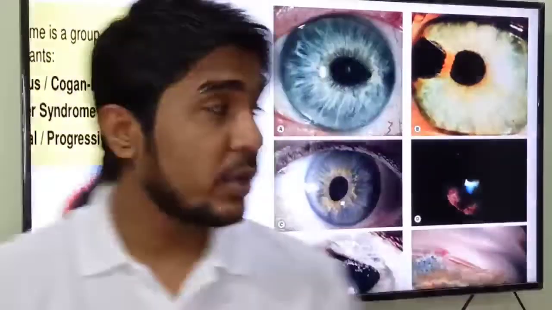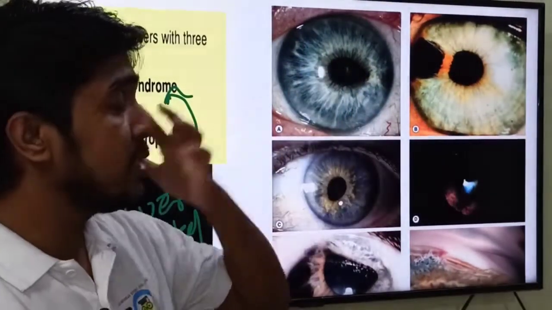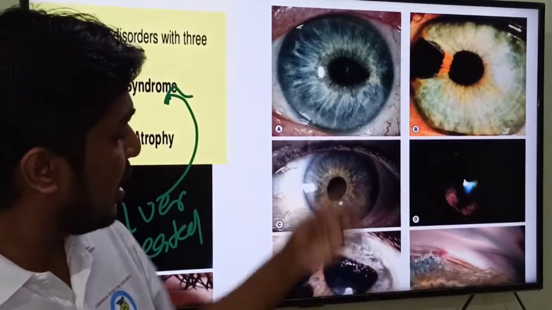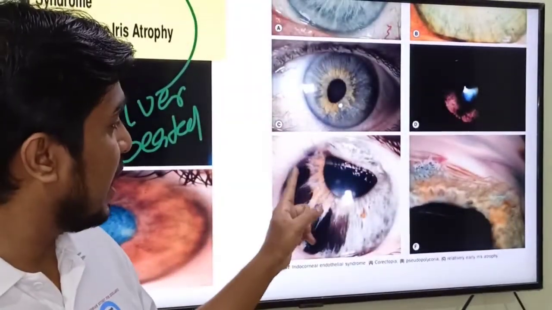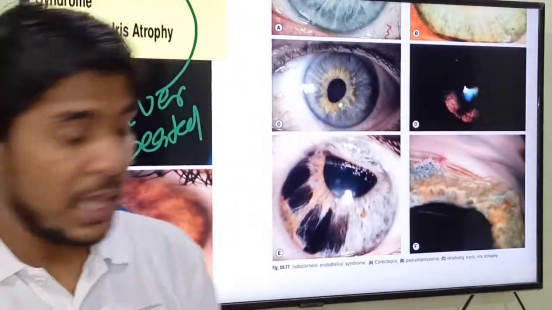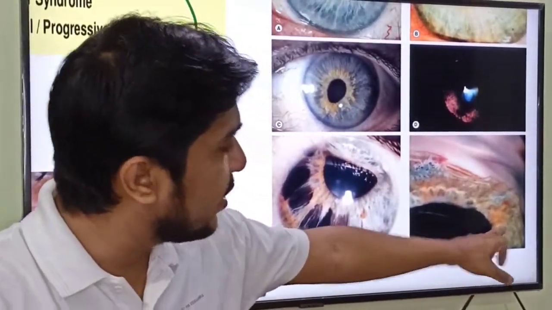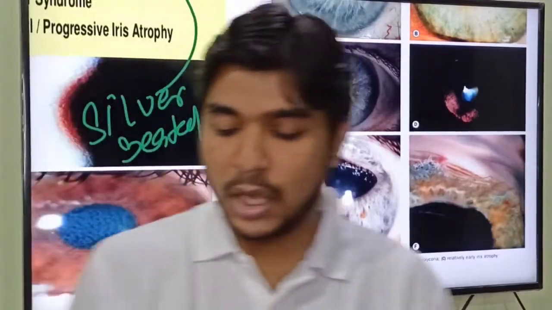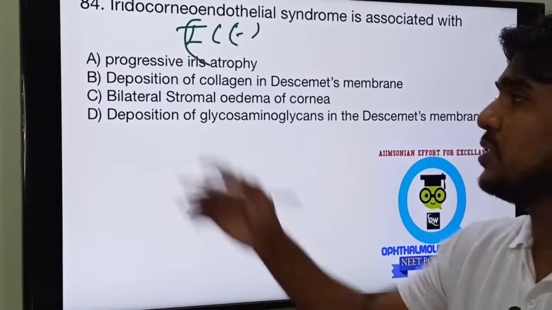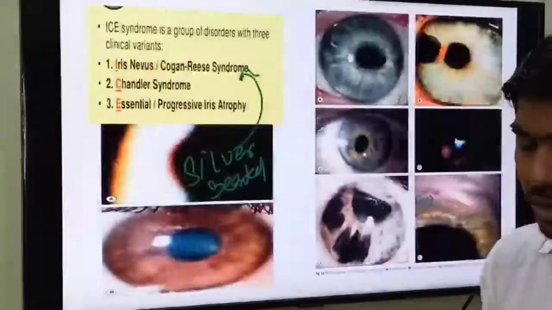Or, you can see there is iris atrophy, progressive iris atrophy. This is the eccentric pupil. You can also see polycoria, a number of pupils are there. Also ectropion uvea you can see here. Okay, this is ICE syndrome. So the answer for this question is obviously essential progressive atrophy.